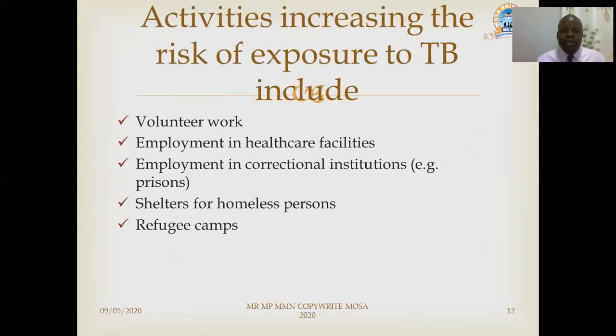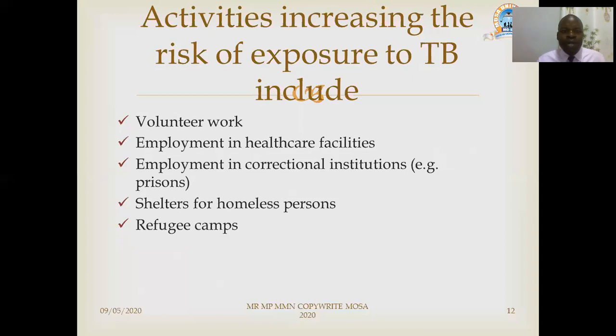Activities increasing the risk of exposure to TB include volunteer work, employment in health care facilities, employment in correctional institutions, e.g. prisons, and shelters for homeless persons, such as refugee camps.